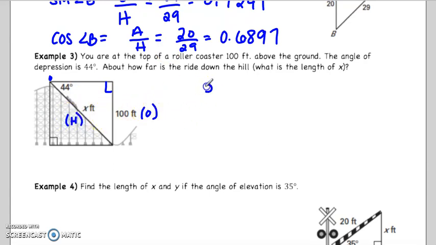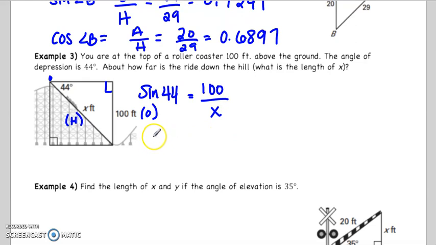So since we have O and H, we want to set this equal to the sine ratio. So we're going to take sine of 44 and set that equal to the given value, opposite, which is 100, divided by h, which is now x. The goal now is to solve for x.